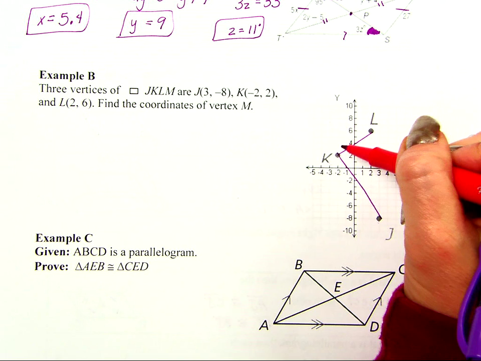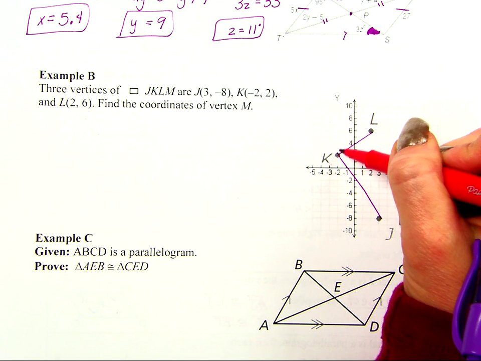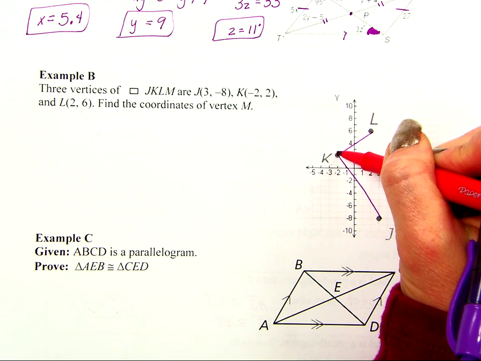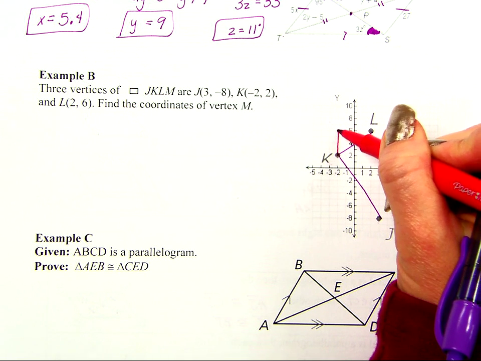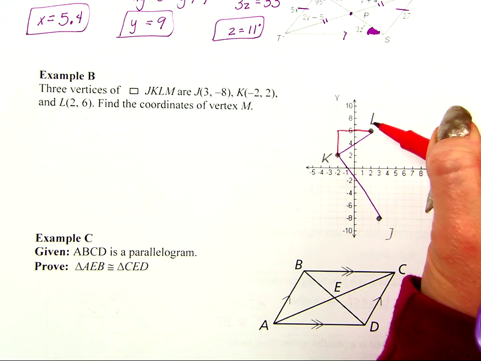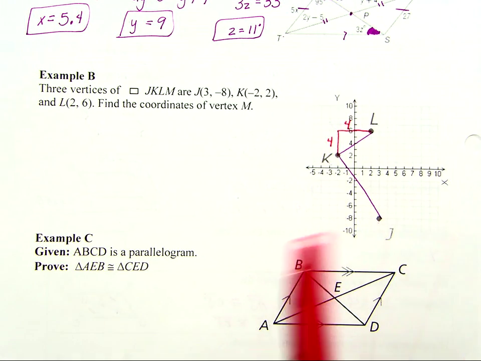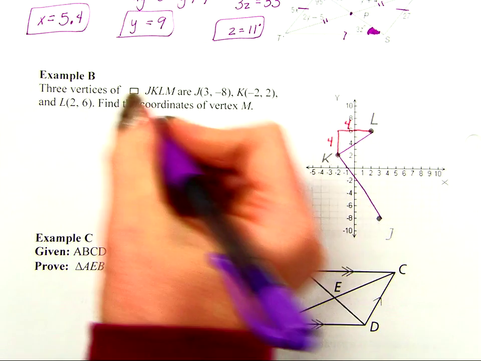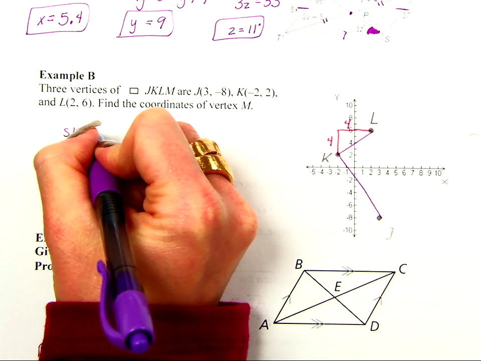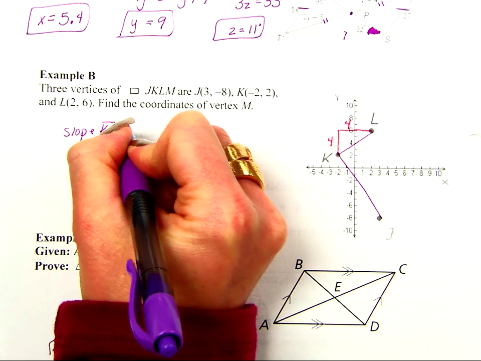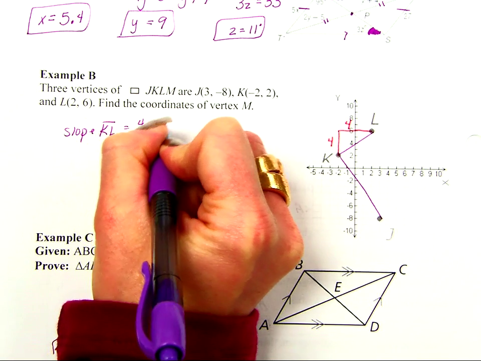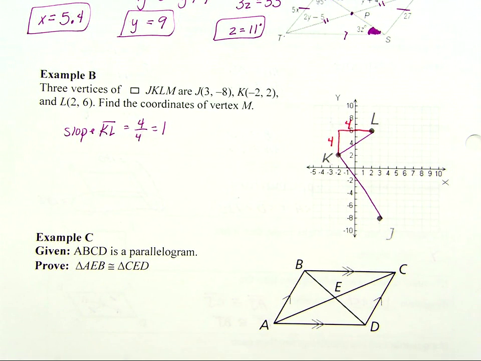And so when I look at K to L, my rise over my run, well, this happens to be a rise of 4 and a run of 4. And so looking at my slope of KL, we have a slope of 1.